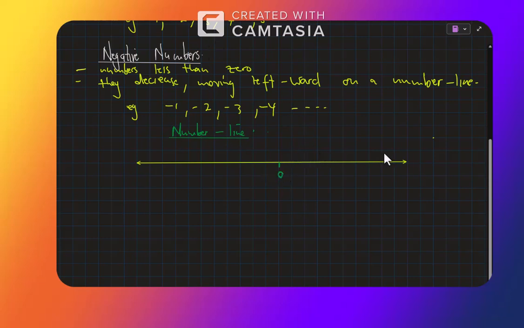On the right side of the number line, from 0 to the right, we have positive numbers, and on the left side, we have negative numbers.